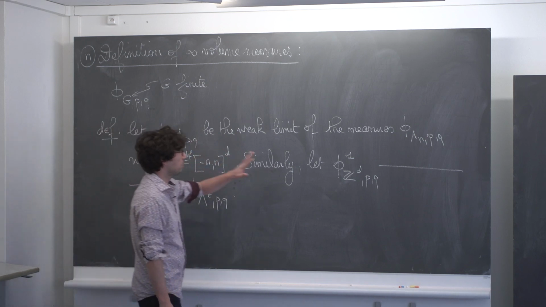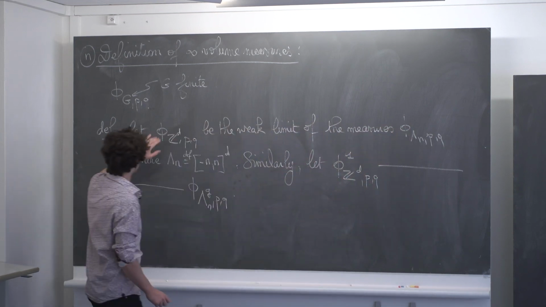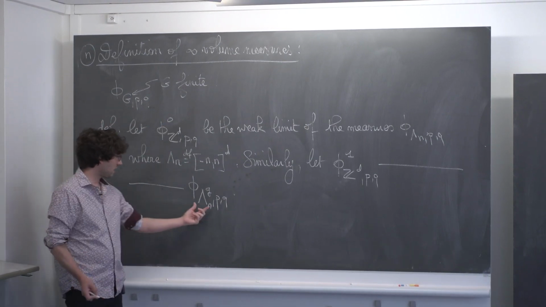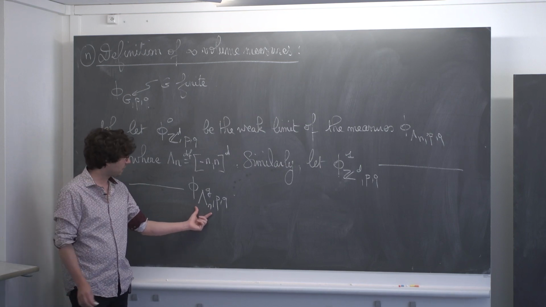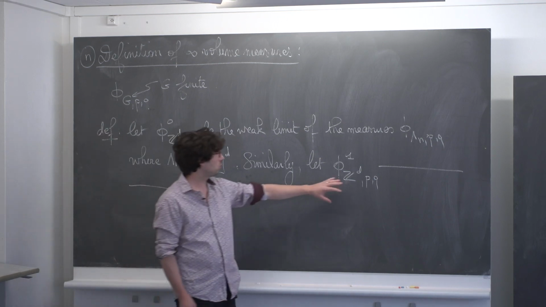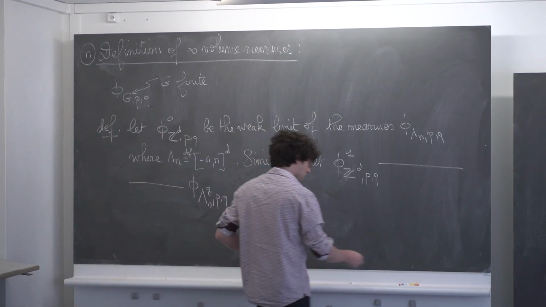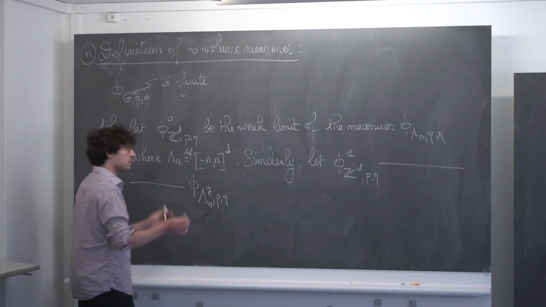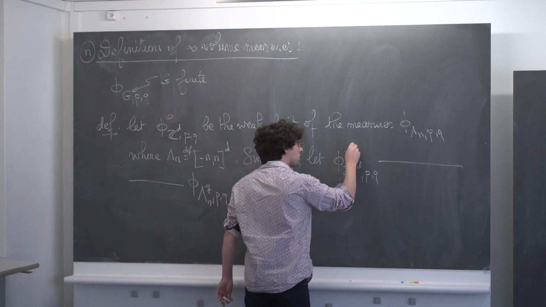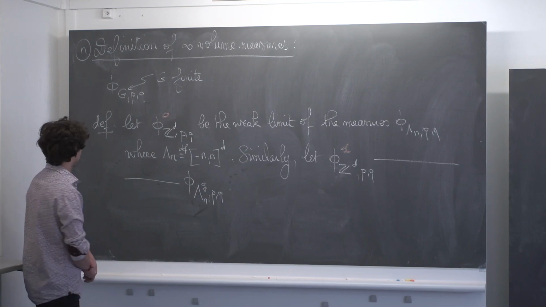If I take the measures on Lambda_n only, then I end up with the first measure that I call phi^0 Z^d p,q. And if I take the measure with the additional ghost that we introduced last week, then you end up with another infinite volume measure. A priori, this measure is not the same as this one. We will discuss this during this class in several places. So in order to make a distinction between them, I call the one phi^0 and the other phi^1.